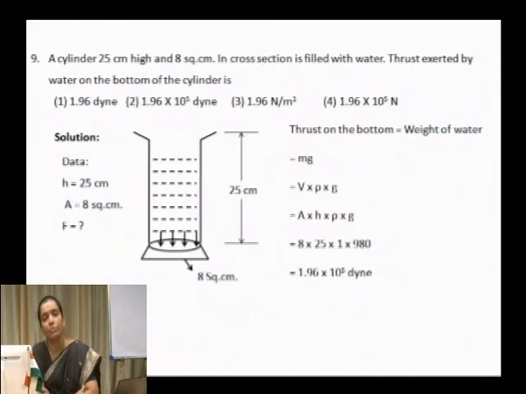Substituting these values, we get the thrust exerted by the liquid at the bottom as 1.96 into 10 to the power of 5 dyne, or we can write it as 1.96 Newton, because 1 Newton is 10 to the power of 5 dynes.